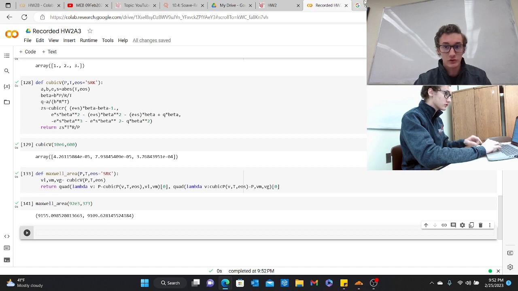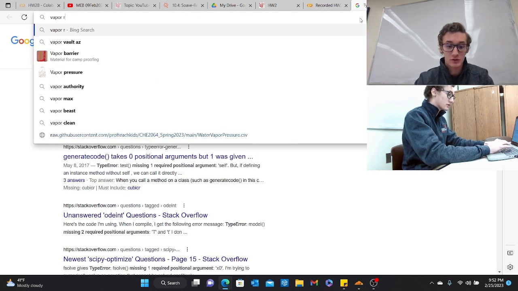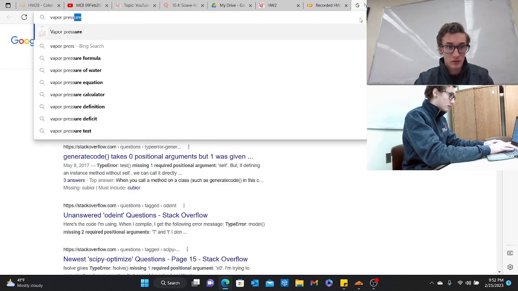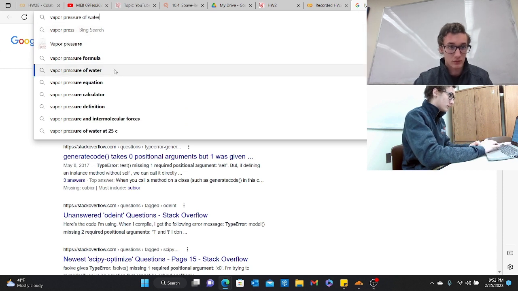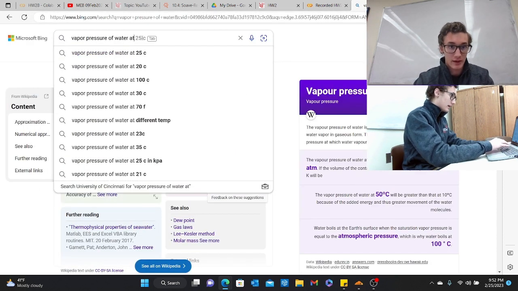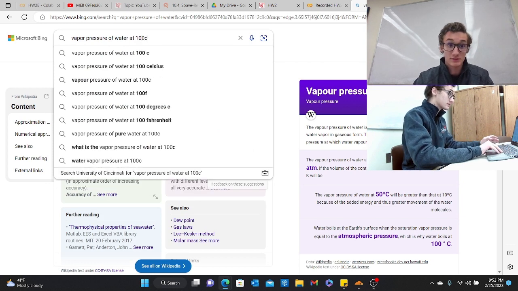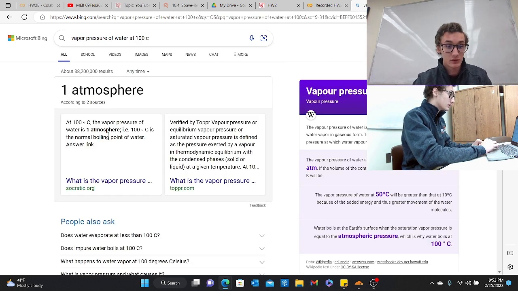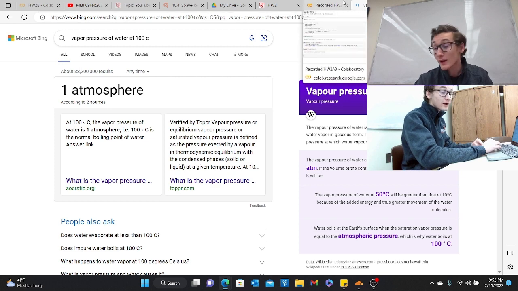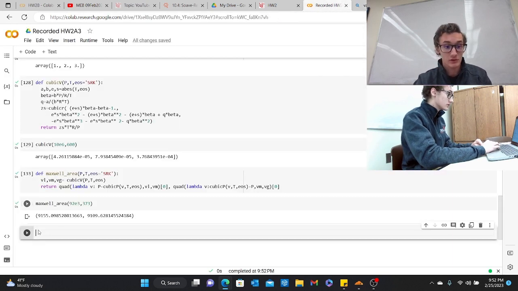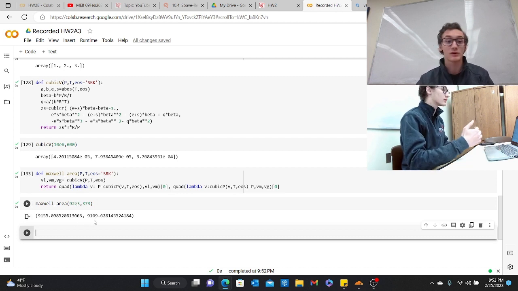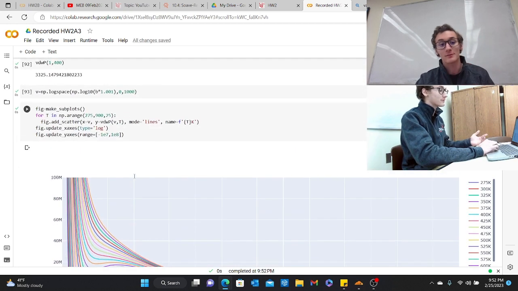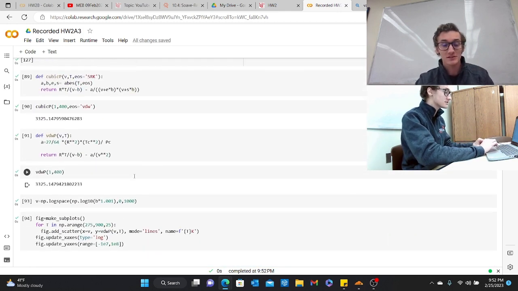And so now let's look up the vapor pressure of water at 100 C. That's basically what we're calculating. So it equals 1 atmosphere, otherwise known as 101 pascals. And so I would say this is really close in terms of scale of what we were working with. And so, yeah, that was the issues with my code that you were able to see and how they were miraculously resolved. And this is the end of homework 2.